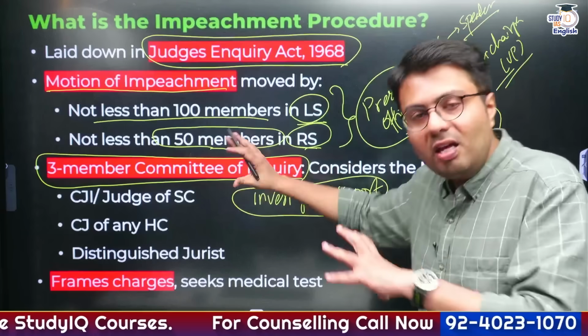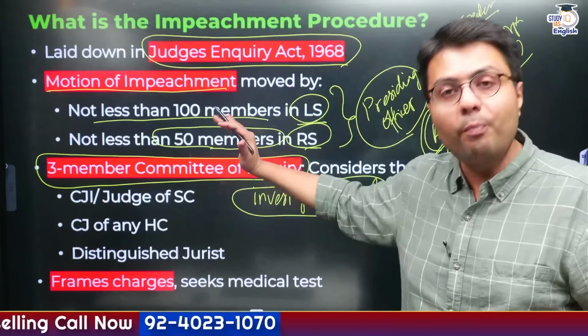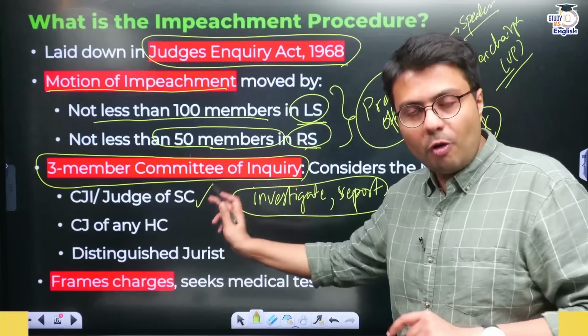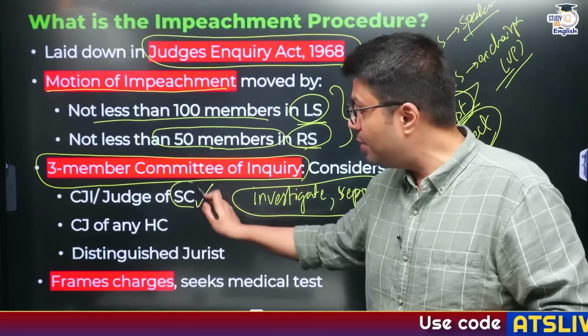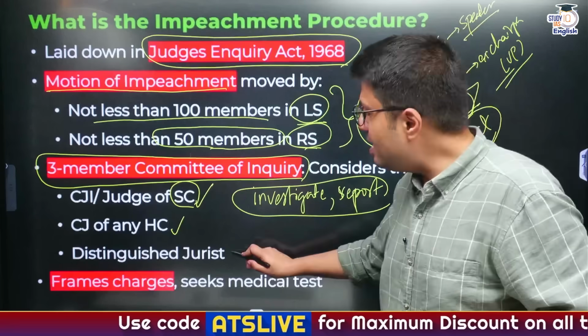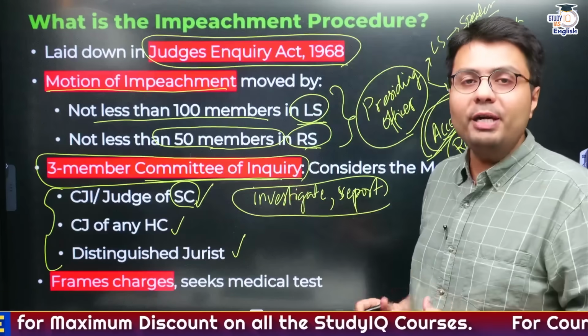This committee, constituted by the presiding officer of either house, consists of the Chief Justice of India or a Supreme Court judge nominated by the Chief Justice of India. Similarly, the Chief Justice of any High Court and a distinguished jurist. These 3 people constitute what is known as a committee of inquiry.